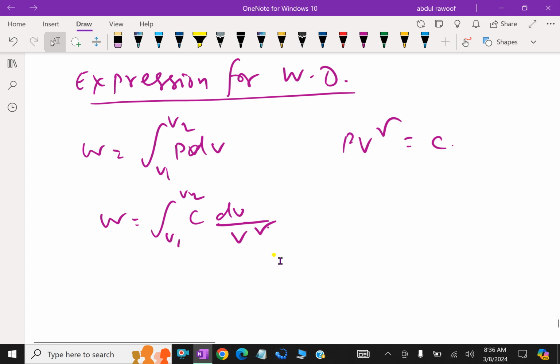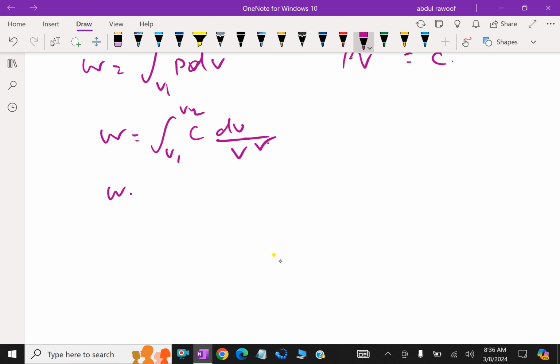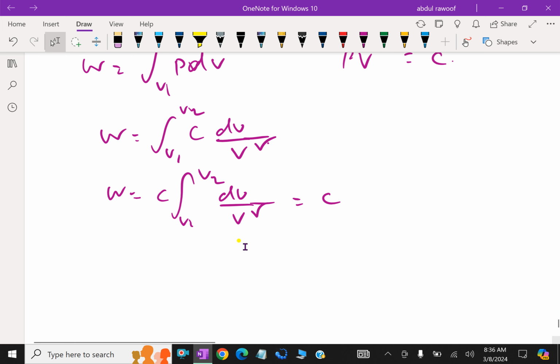Therefore work done equal C out of integration V1 to V2 dV by V power gamma, which is equal C into integral of dV over V power gamma.